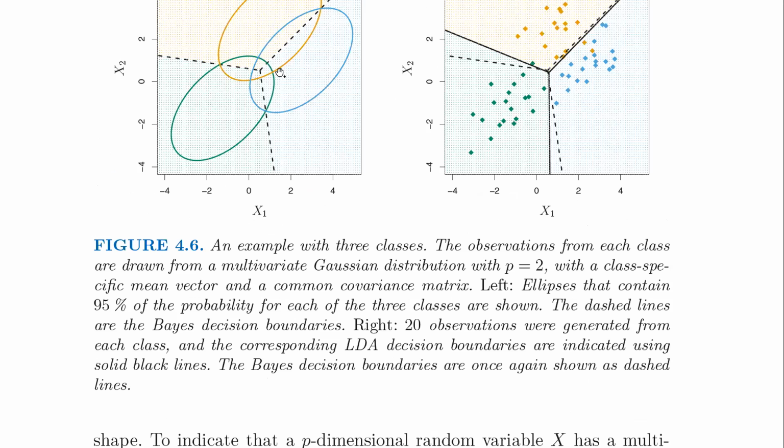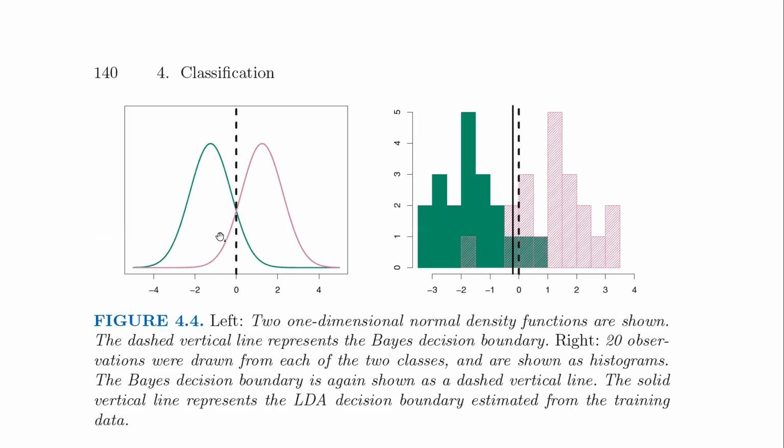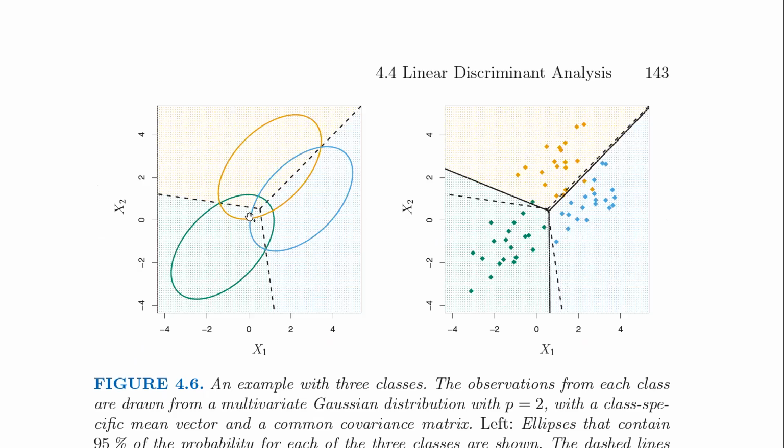Look, notice this before we continue reading on. It's such a great book, isn't it? Over here we had two different classes, k equals 1 and k equals 2, pink and green. Over here we have three classes: pink, orange, and blue.